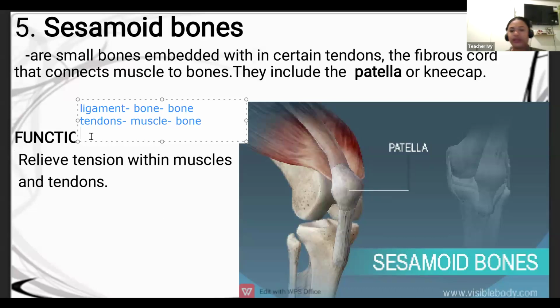I will give you a clue. This is for everybody except Shicha and Alfonso, since you had already answered. Now, a clue for the last type of connective tissue, because it is very important because bones are not held together directly, so that it would avoid friction.